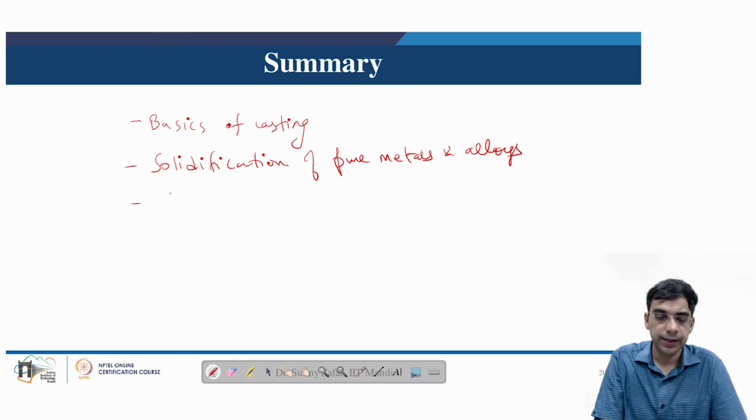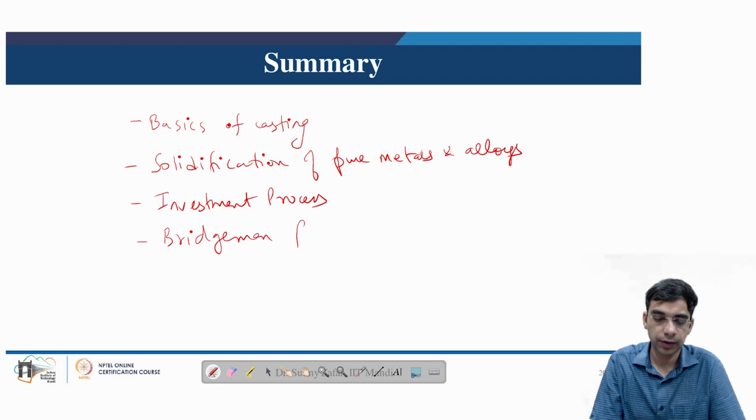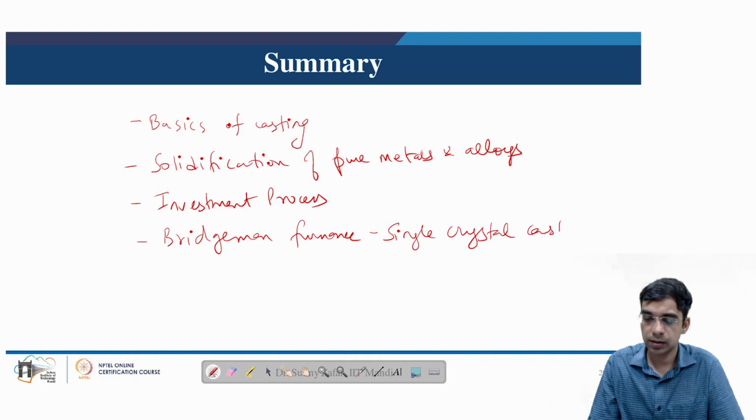We have looked at the investment casting process. We have also looked at how investment casting process is then coupled to Bridgman furnace, which is important to develop single crystal cast structure.